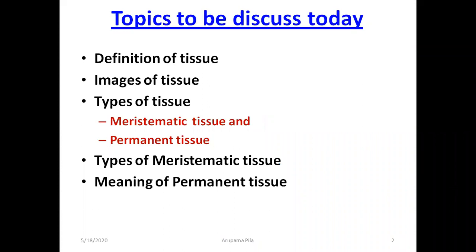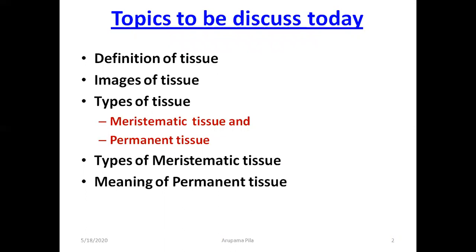What is tissue? This I explained to you. Tissue is a group of cells of similar structure which combine together to perform a specific function. So this we discussed last time.